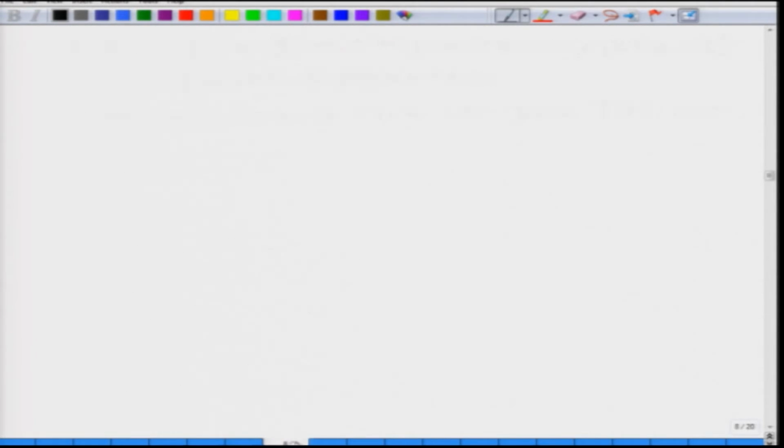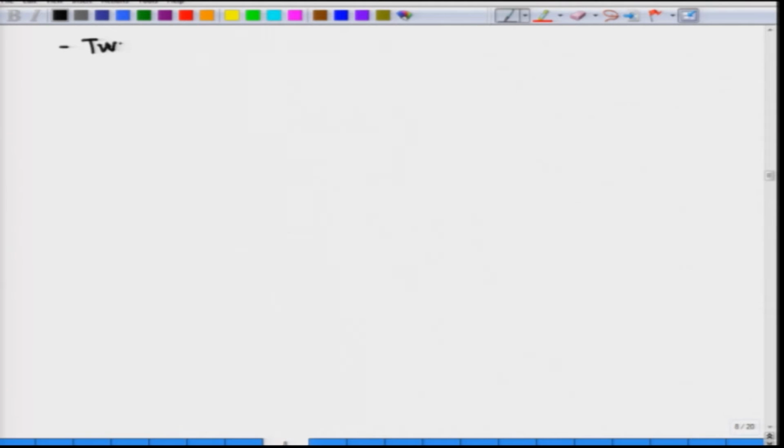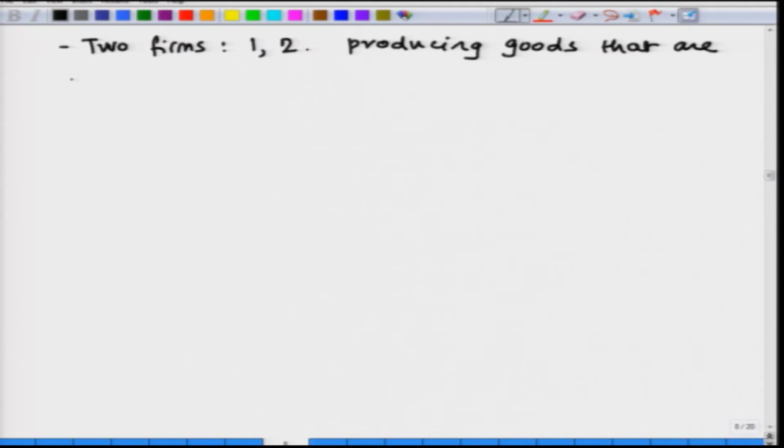Okay. So, to do this we will set up an analytical framework and see whether by introducing product differentiation we are able to move out of the Bertrand paradox. Okay. So, let us say that there are two firms, firm 1 and firm 2, that are producing goods which are imperfect substitutes, right.